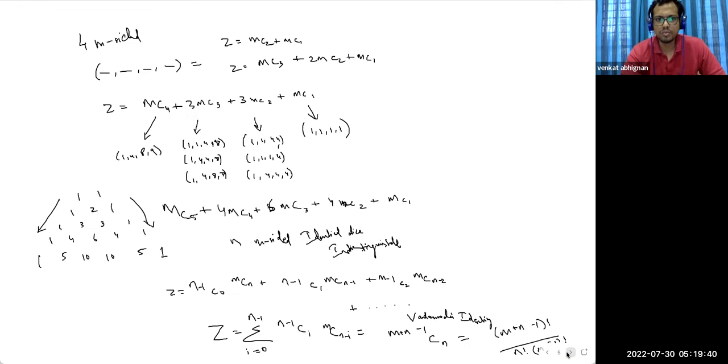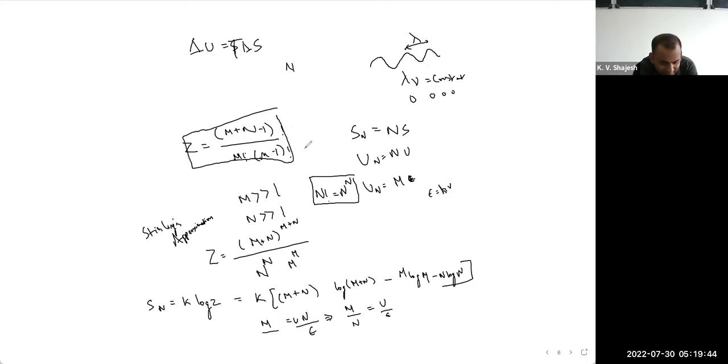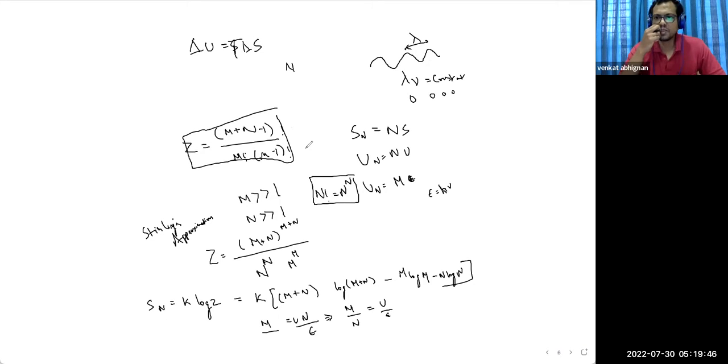So you just need to take some kind of probabilistic situation where you have n identical m-sided dice, and you find the different possible configurations for that, which is quite easy, and you'll get the entropy of this entire black body.